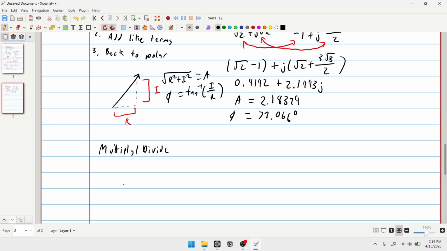All we gotta do is multiply, or divide if we're dividing, the amplitudes, and then add or subtract the phase.